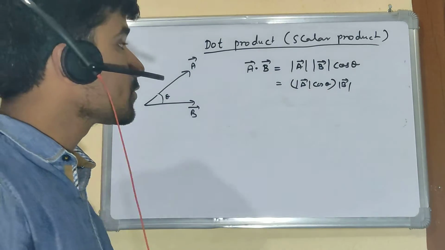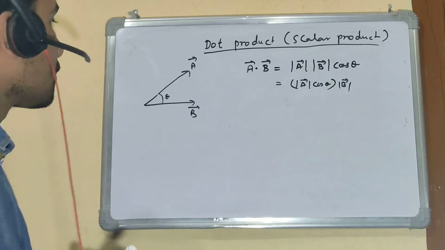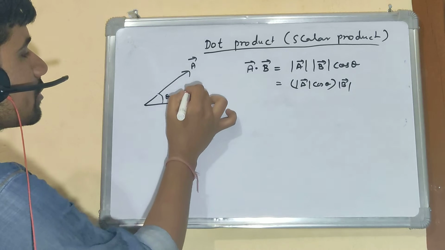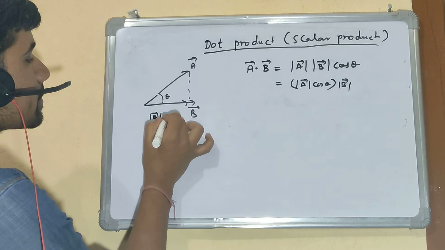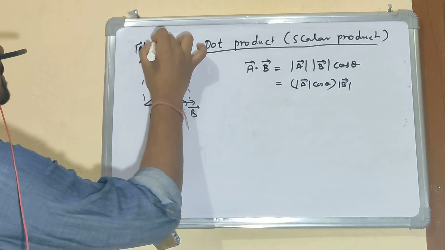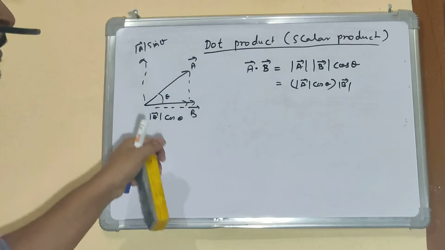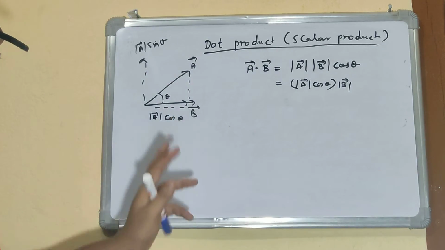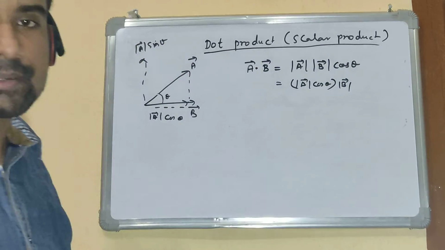Now, if I resolve A vector along this direction, the resolution will be something like A vector cos theta, and along the orthogonal direction it will be A vector sin theta, right? So A vector cos theta is the component of A vector along B direction, right?